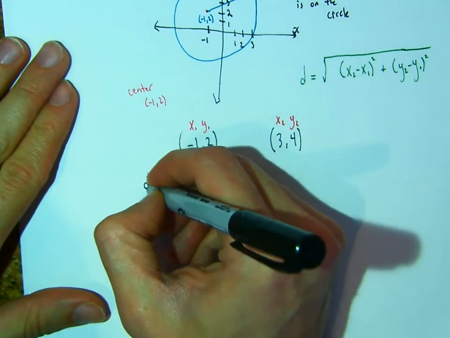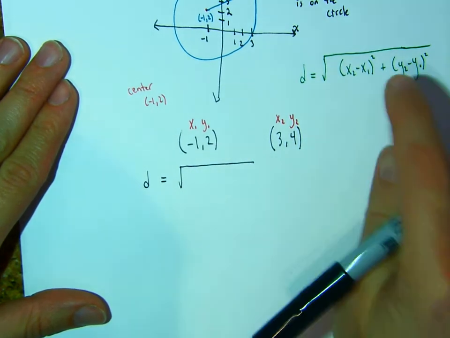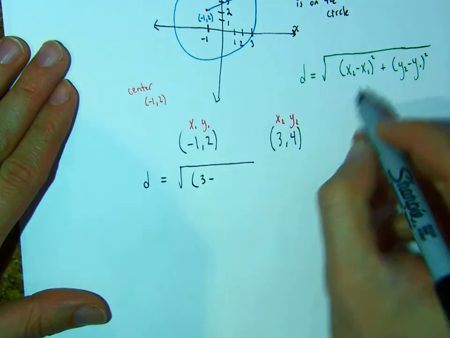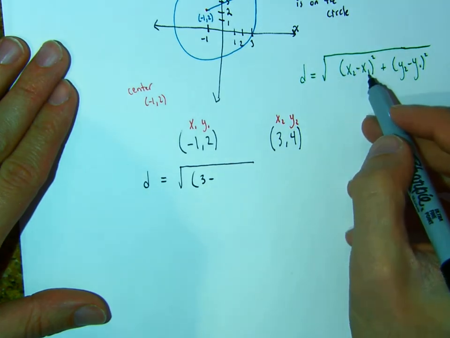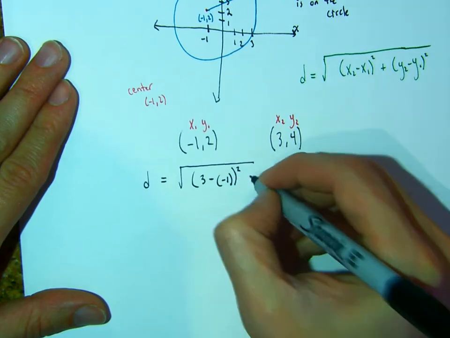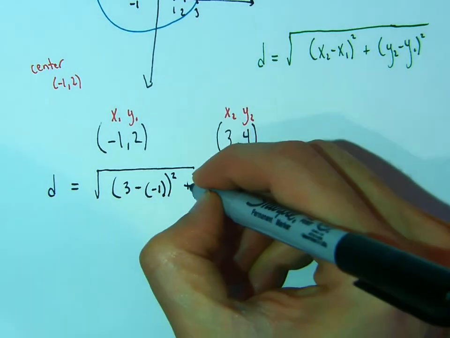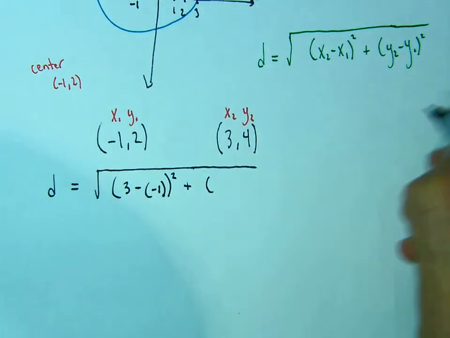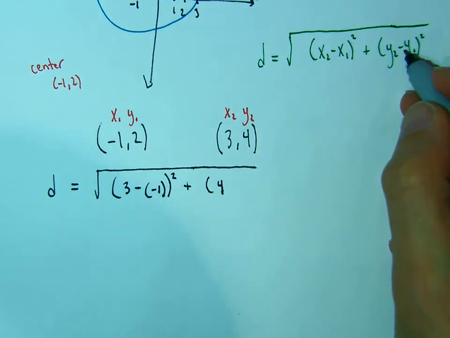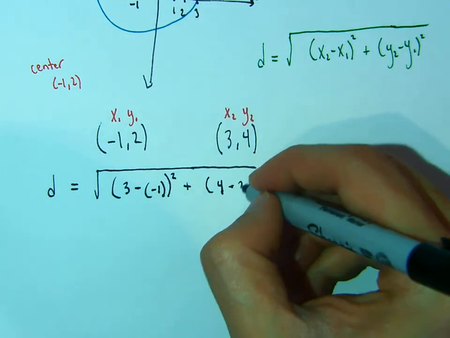So here, d is equal to the square root of, right? Well, what's my x₂? It's 3, minus, right? 3 minus my x₁, which is -1, squared, right? Plus y₂, which is 4, minus y₁. My y₁ is 2, squared.